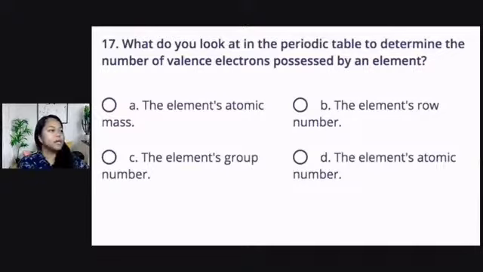Okay, what do you think is the correct choice for number 17? Okay, number 17.